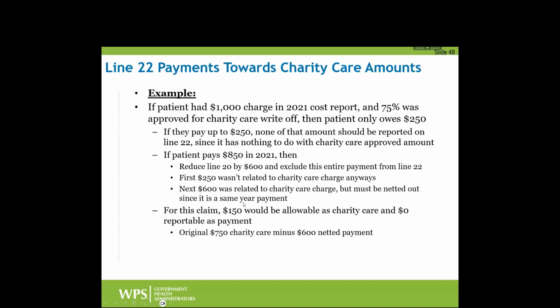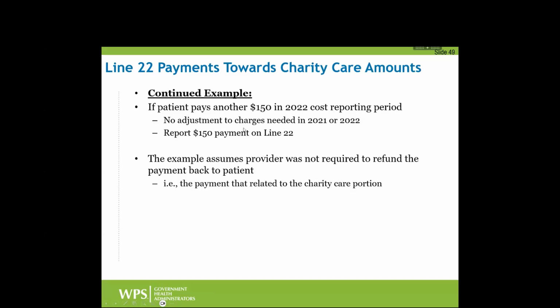So what we're saying is there's only 150 left as actual charity care, but we don't have any payment that needs to be reported anywhere. But now let's say they paid another 150 in 2022, the next year. We're not going to adjust charges that year, but we are reporting the $150 payment as basically a recovery in line 22 because it was for a prior year write-off.